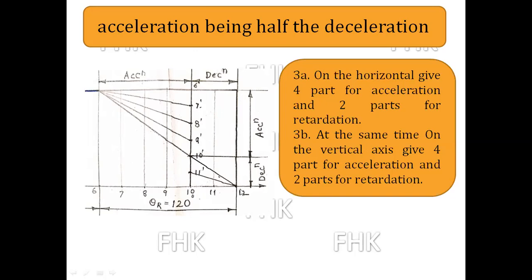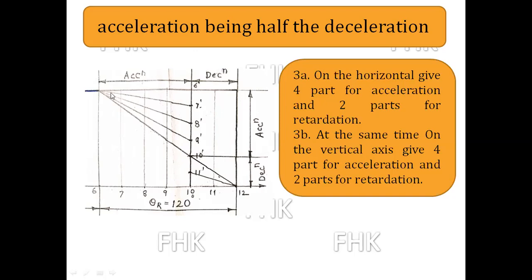On the horizontal line also I give 4 parts for acceleration and 2 parts for retardation. At the same time, on that vertical line also I will give 4 parts for acceleration and 2 parts for deceleration. That is the new thing that you have to understand.